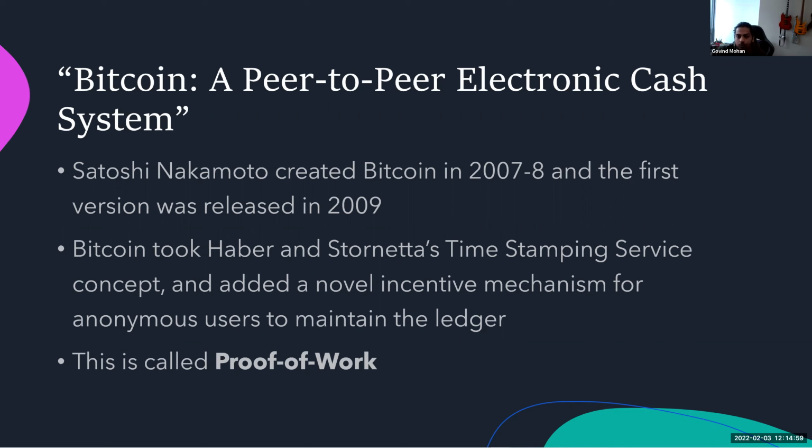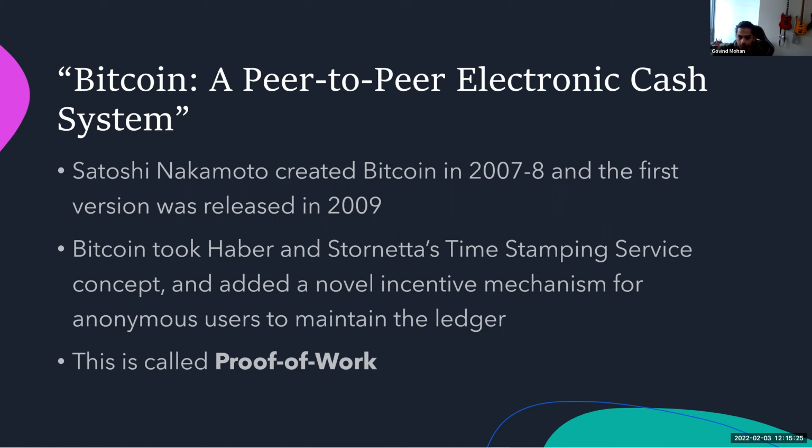Satoshi took the concept of the timestamping service and added a novel incentive mechanism for anonymous users to maintain the ledger. Now, what this means is that Haber and Stornetta had this company, I don't recall the name, something starting with S. But you had to basically go to them, and they would put your document in their timestamping service, and they did it for a commercial interest.